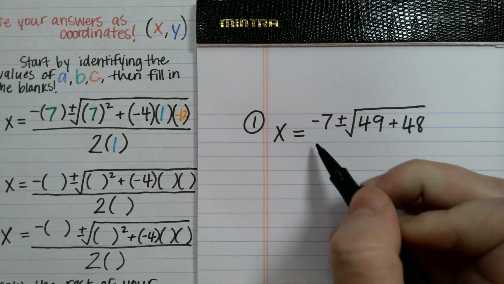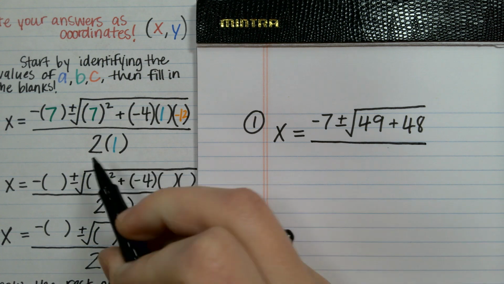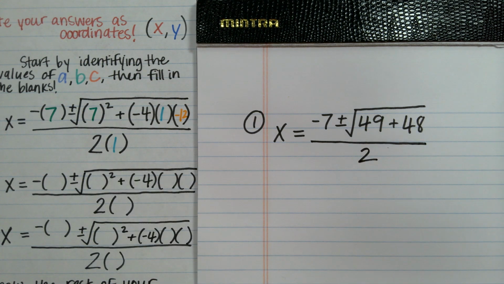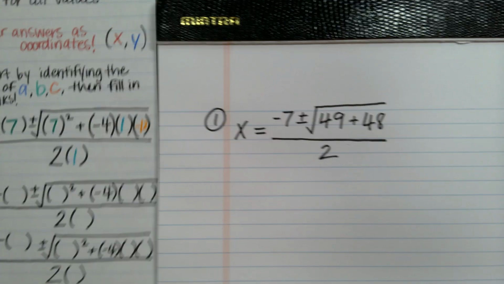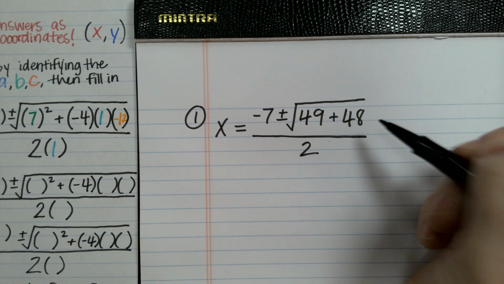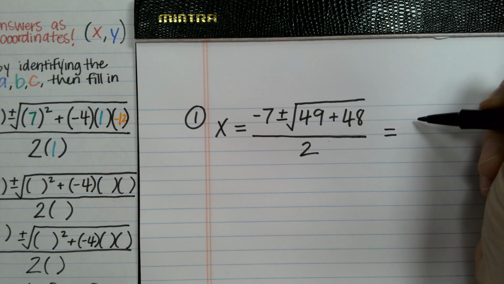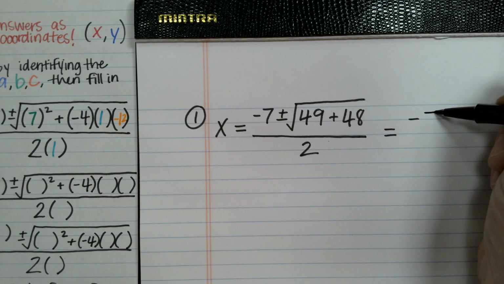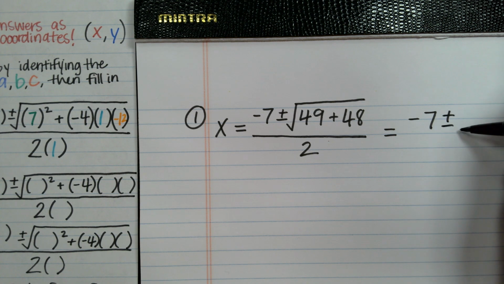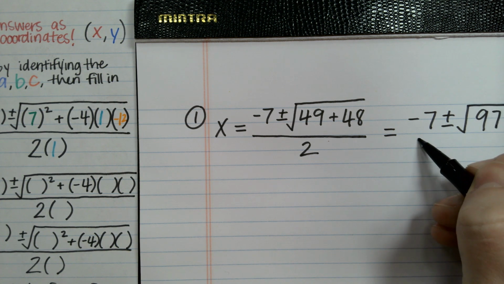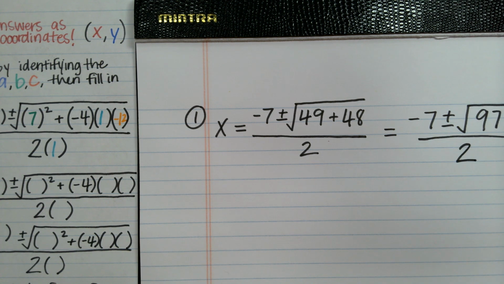Good. And all of that is being divided by 2. Perfect. Okay, so what else can we simplify here? Add 49. Yeah, what's 48 plus 49? 97. So I'm going to rewrite it all. Negative 7 plus or minus the square root of 97 divided by 2.